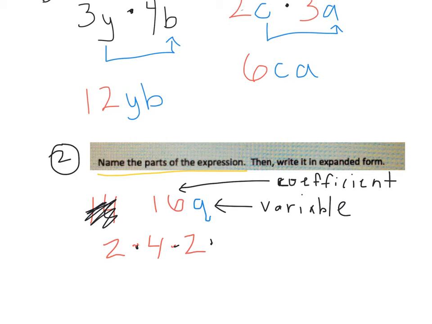That is a 2, not a z, times q. And we've just made this part into 3 parts, this part into 1 part, and then we've added multiplication symbols in between to make it expanded form.